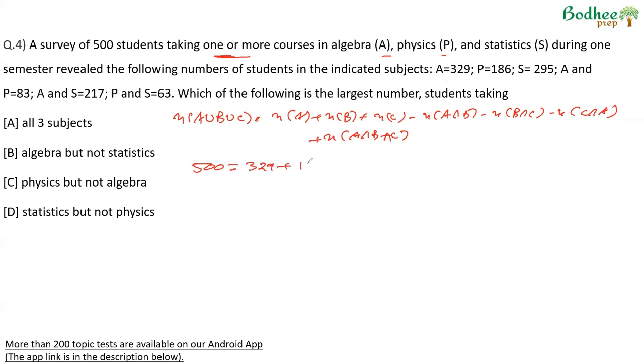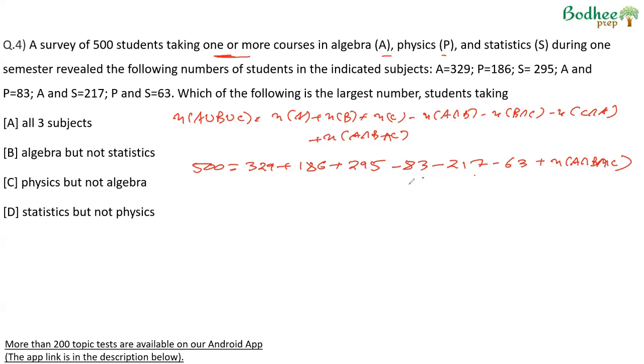Number of people with P is 186. 295 minus A and P is 83. A and S is 217. P and S is 63. Plus n of A intersection B intersection C. This will be 83 and 217 will be 300, 363 basically.